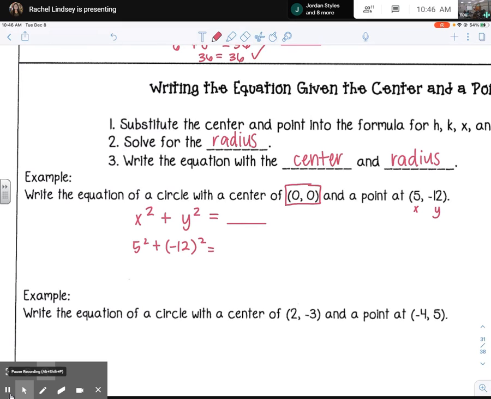Be careful with that negative 12, okay? It has to be in parentheses. So what's 5 squared plus 12 squared? 169. So that right there is what my radius squared would equal, which is what would go here in my equation.